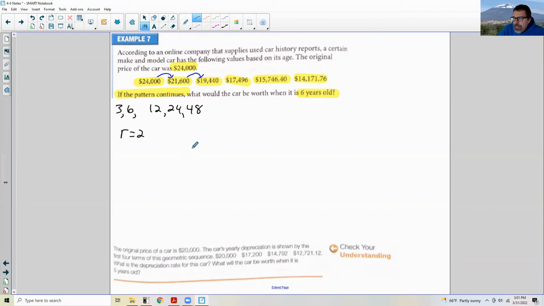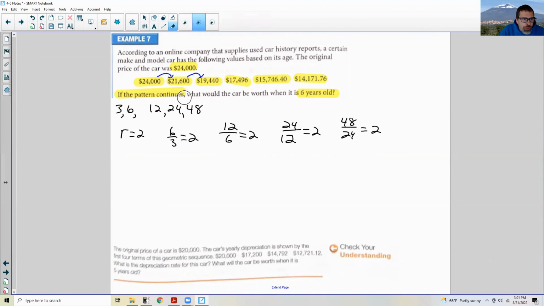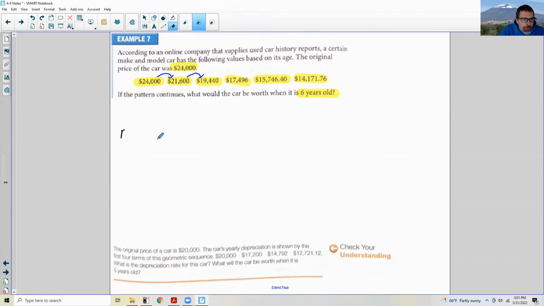If I take the second term divided by the first term, I get 2. The third term divided by the second term, I get 2. The fourth term divided by the third term, I get 2. And so on. So R equals 2 because they're all the same. That's just a quick example with more basic numbers.